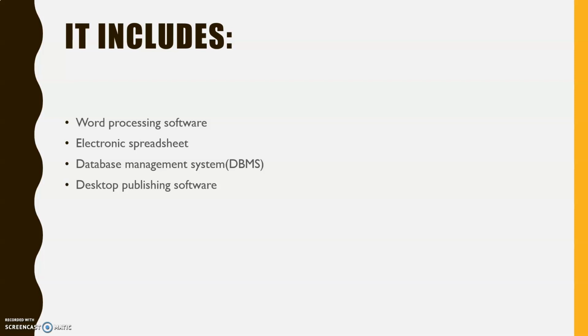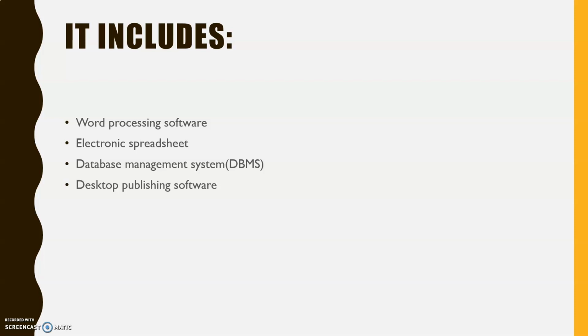Second, we have the electronic spreadsheet. Spreadsheet programs help you to perform calculations and display the data in the form of a chart to analyze it in a better way. It is used for creating documents to manage numerical data. Some of its application areas are financial accounting, cost analysis, and interest calculation.